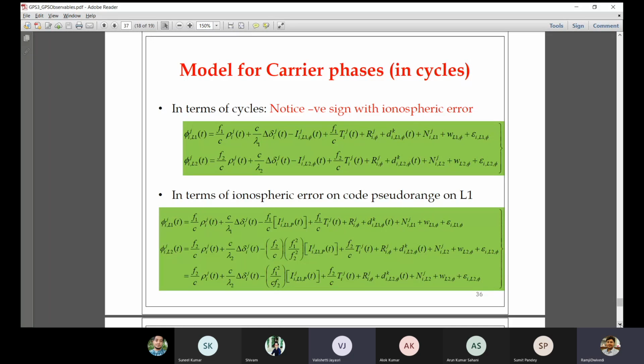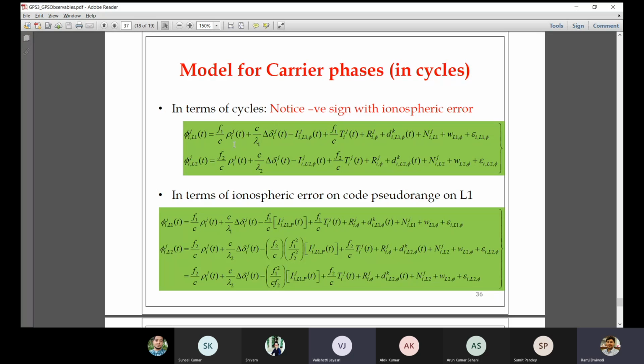It is equal to the geometric range plus the clock error term, minus the ionospheric term, the tropospheric term, the relativistic error, the delay path, the ambiguity, plus the noises. Write each component individually in your notebook once again. Take your time, write one by one. Phi ij L1 (t) is equal to. Now on the right hand side, just observe that this is written in terms of meter.